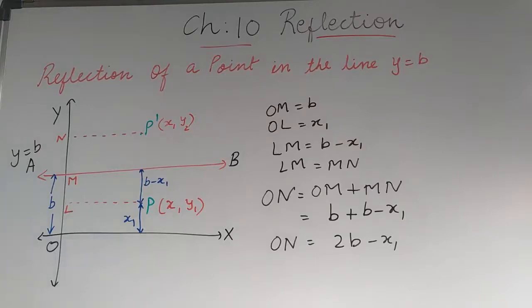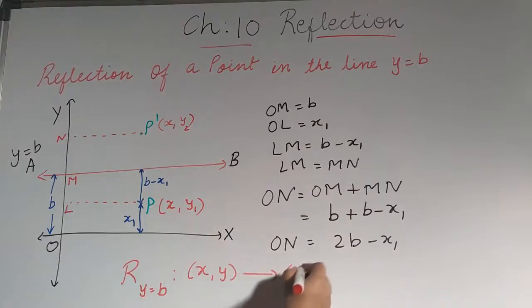You see what our y2 value is now? We found that the reflection of a point (x, y) in the line y is equal to B will be: x remains the same, the change will be in y. So this is 2b minus x.